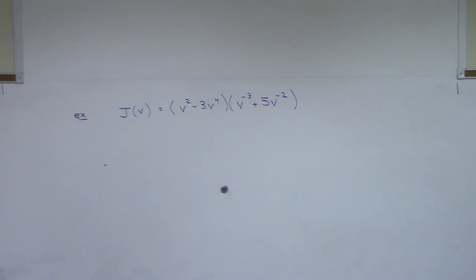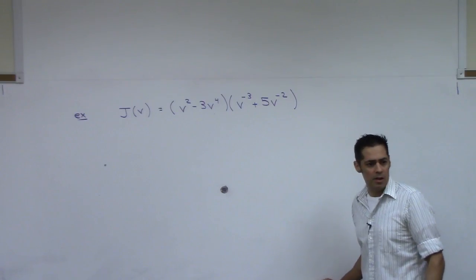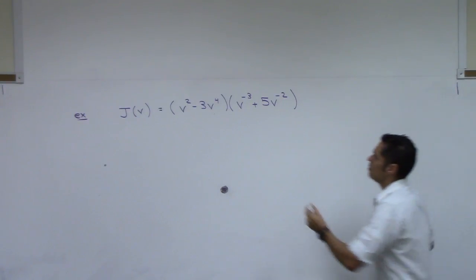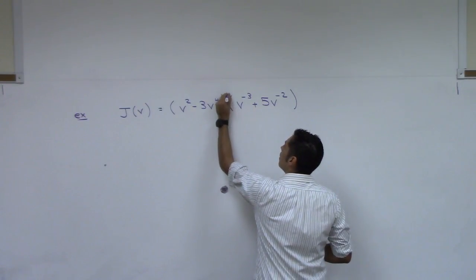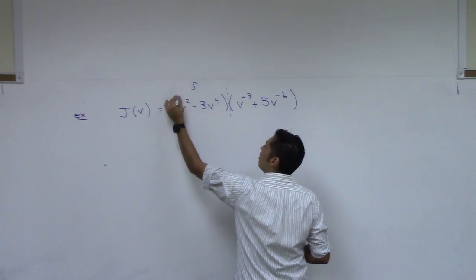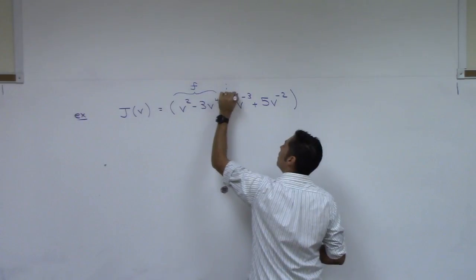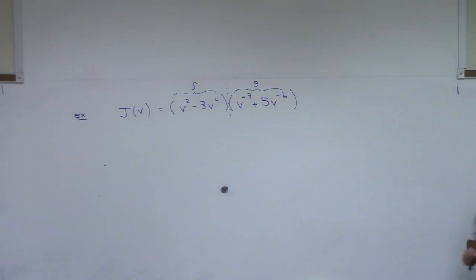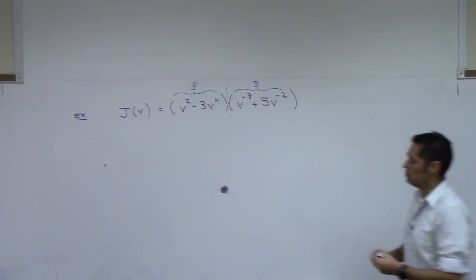Now that looks like a pretty ugly function, and the derivative is going to be pretty ugly also, but let's just follow the rule, okay? Do you see multiplication right here? So this will split our function up. This entire thing over here is f. This entire thing here is g. All right? And now we just apply the rule.